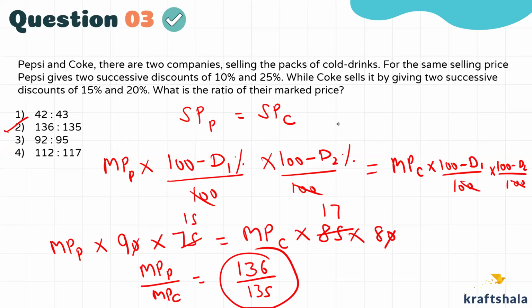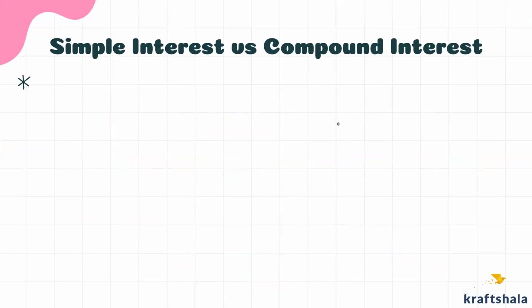All right. Let's start with the next and the last topic of today's session, which is simple interest, compound interest. So, see, when we used to do this topic in school, simple interest never posed any threat because, as the name suggests, it was very simple.